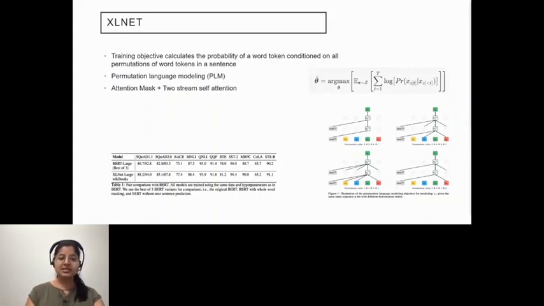As of today, which comes in late 2018 and early 2019, XLNet has been really popular, but it requires a really large amount of training resources as compared to even GPT and BERT models.